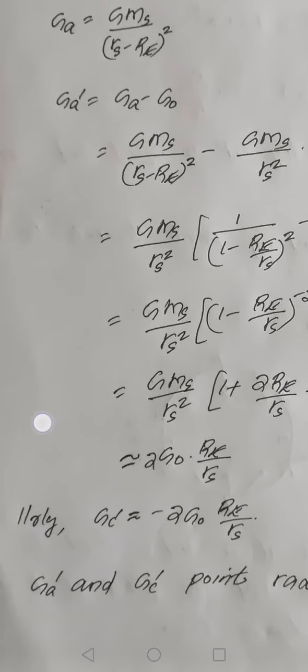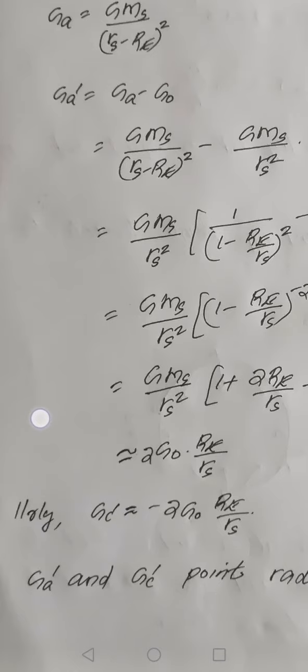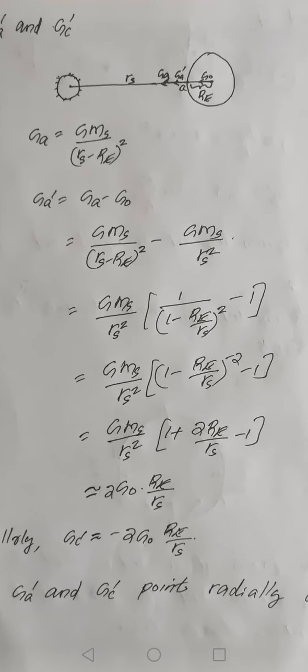What you will get is GC prime is equal to minus 2 times G0 into RE by RS. There is a difference only in a minus. Why that minus? The minus is radially outward. So you remember the unit vector n is from earth to sun. So it is opposite, that's the meaning. So it is radially outward. So what I can say is GA prime and GC prime point radially outward. Okay, that's very important.